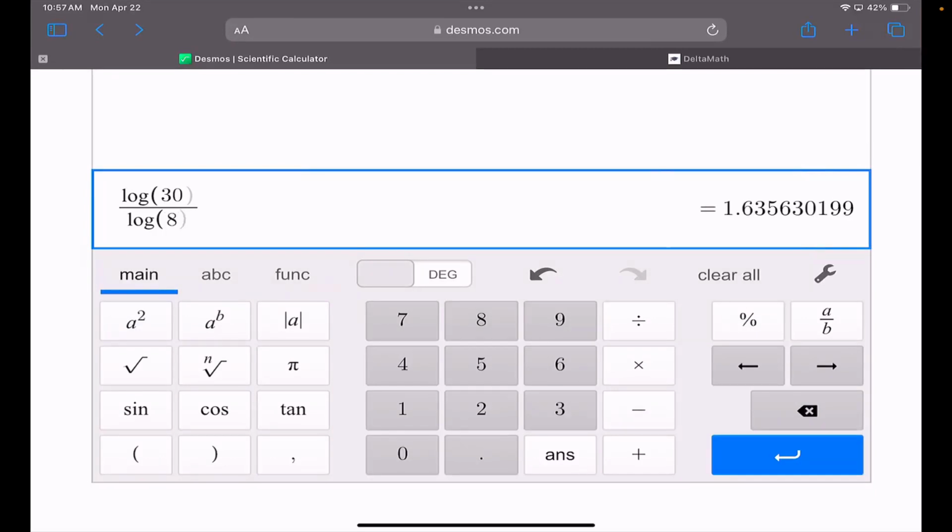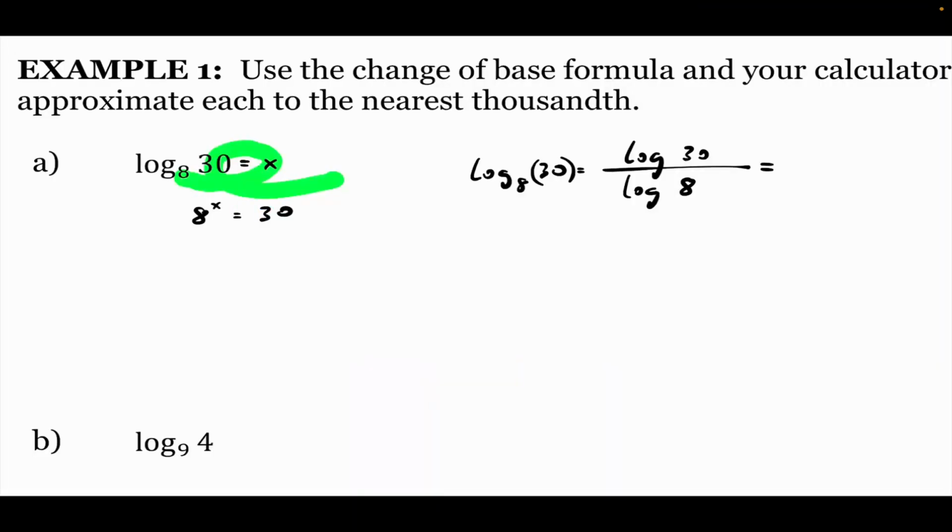It's a decimal. That's why you couldn't do it in your head, because it's a decimal. So that's the power it would take to go from 8 to 30. We couldn't do that in our head, so you can use your calculator. They want us to round to the nearest thousandth.